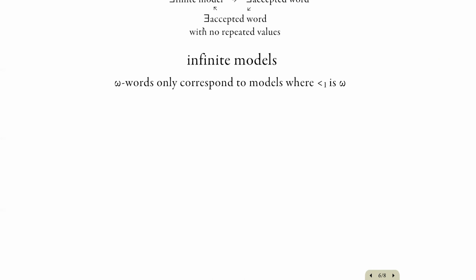Nevertheless, we can consider this case where one order is of type omega, and in order to follow the path outlined earlier, we need register automata on omega words, and these automata should be able to access the supremum and the infimum of certain values which occur to the right of a current node.